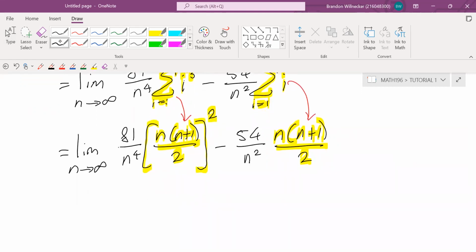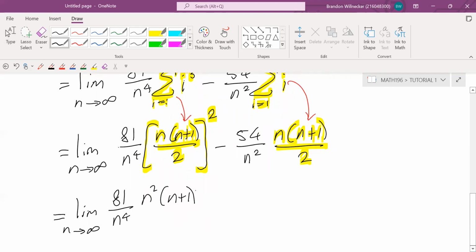Okay, so now that we've removed the summations, it's just a matter of algebra to simplify this out and then take the limit. Okay, so let's see how much simplifying we can do. This will be the limit as n goes to infinity of 81 over n to the 4. And then with the squaring here, we can write this as n squared, n plus 1 squared, all over 4.